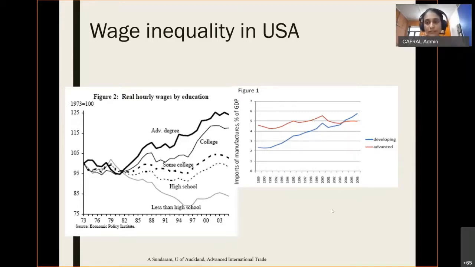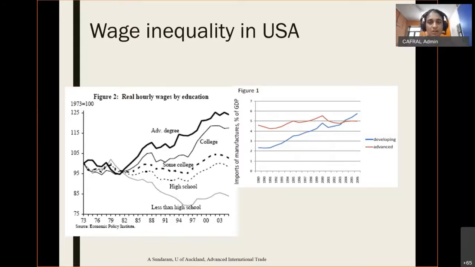Now, no wonder that countries like the US are seeing a backlash against globalization. In fact, the election of the Trump administration was partly driven by these types of issues, right? By a backlash to globalization, because a lot of the textile and manufacturing industries in the US were simply shutting down because they could not compete with China, right?